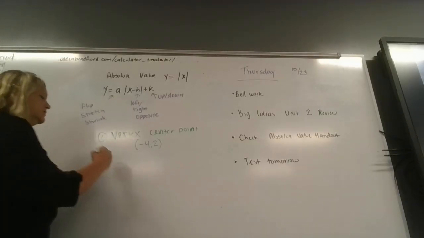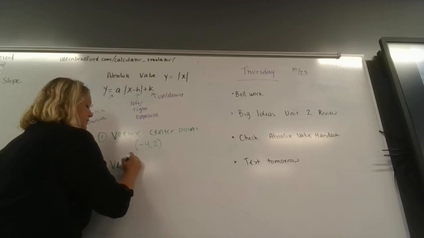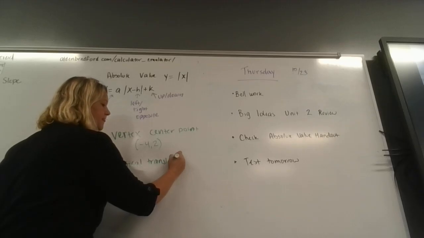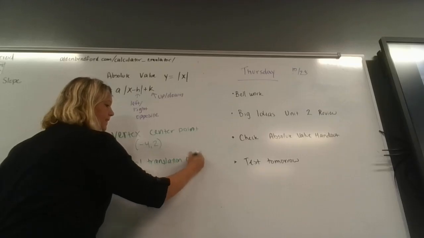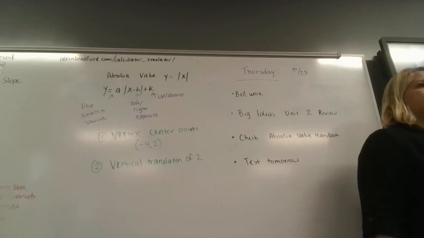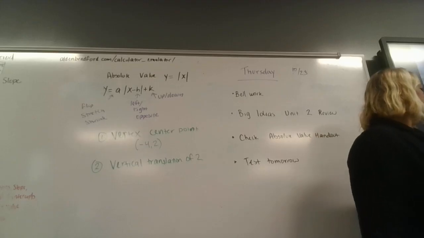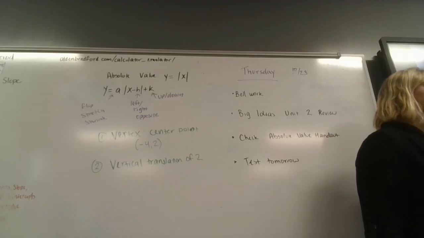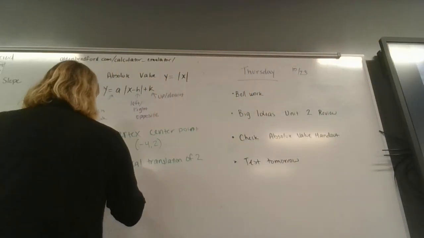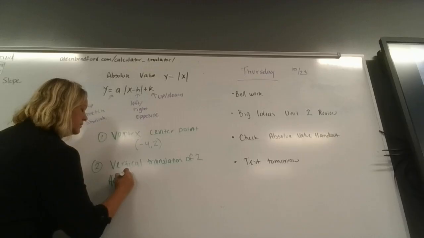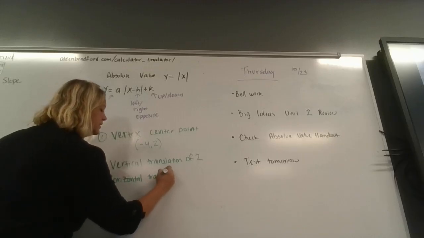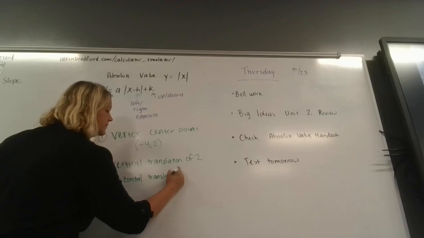It's shifted up 2, because the typical one in the center, the origin's here. This guy is actually 2 higher. And then how far left is it? 4. Vertical translation of 2. Horizontal translation of -4.